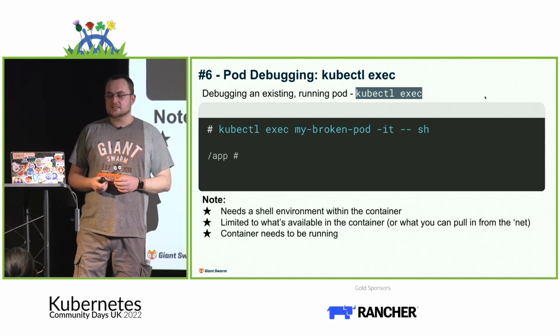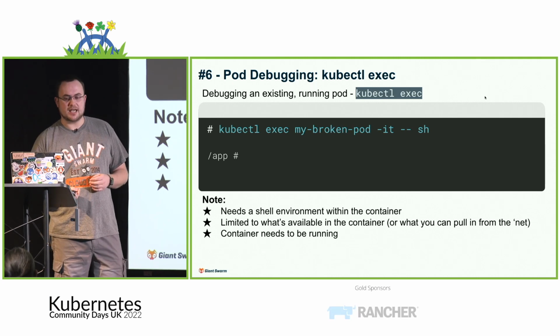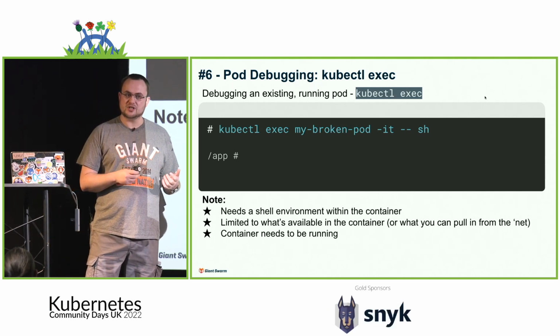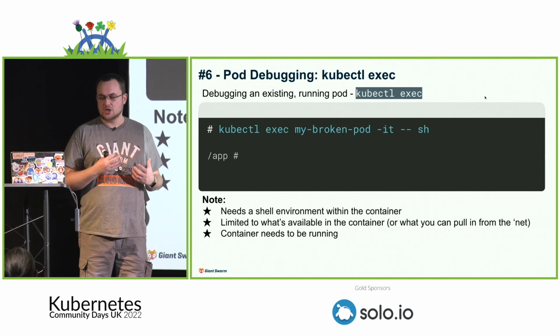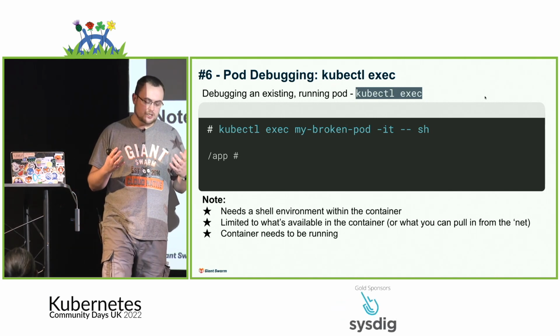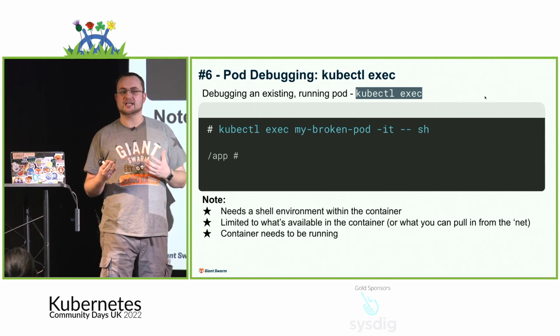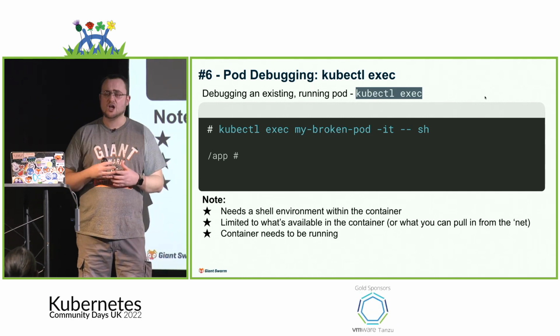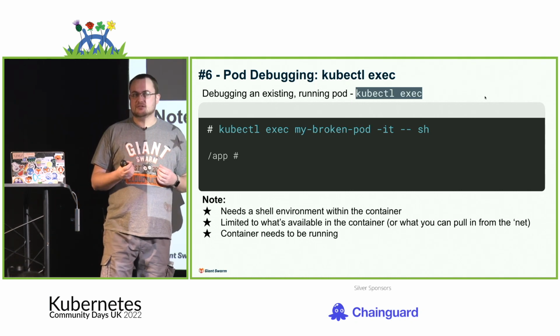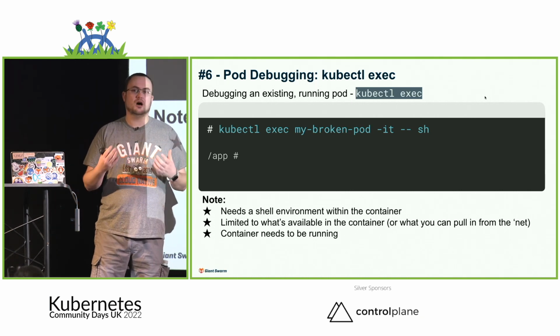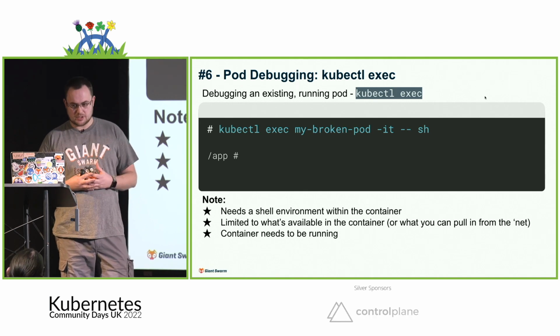There are some caveats with this approach though. The container that you're trying to debug has to have an interactive shell environment within the container. So for those scenarios where, for example, you're building a Go application, and you're just building the binary within the container and nothing else, you can't use this for those sorts of scenarios.